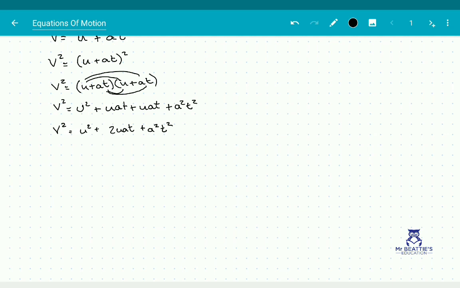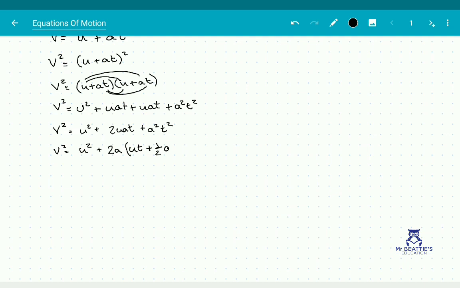Okay, now I'm going to take some factors out of this to try and make it look a little bit nicer. I'm going to leave the v squared and the u squared alone. But what I'm going to do is I'm going to take out 2 as a factor from this last bit here. And I'm going to take out a, right? And so if I take out 2 and a from 2uat, I get left with ut. And if I take out the 2a from a squared t squared, I'm going to have to put in a half, so that when the half is multiplied by the 2, it becomes 1.